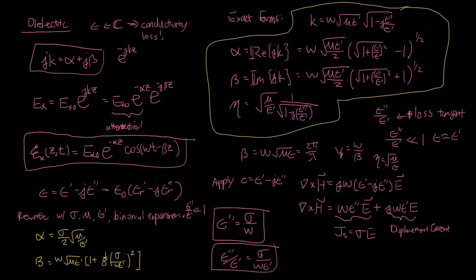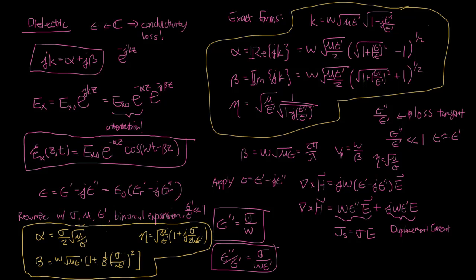And then also eta is going to be equal to the square root of mu over epsilon prime times 1 plus j sigma over 2 omega epsilon prime. So this is a rewriting of alpha, beta, and eta in terms of the conductivity, and it's valid whenever you're working with a good dielectric.